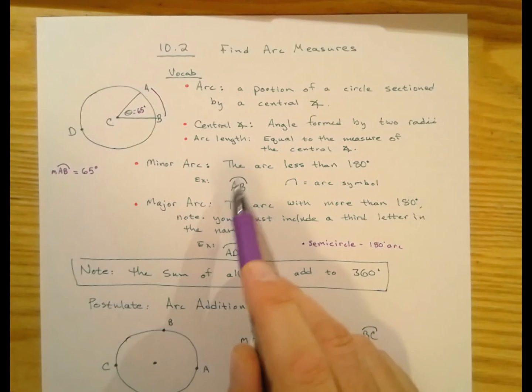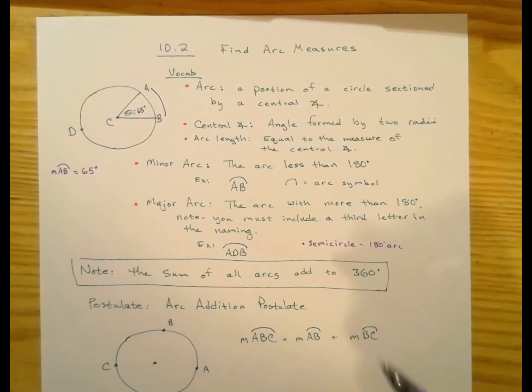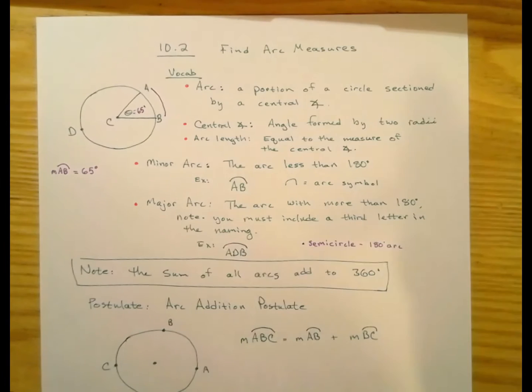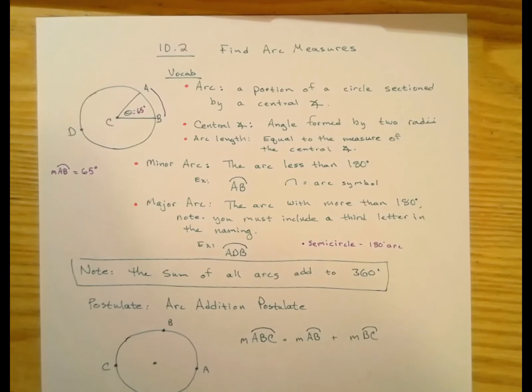If you only see 2 letters, assume it's a minor arc. The major arc, the longer way around to get from A to B, will typically have the 3-letter naming. All right, so that's a little vocab for arcs.